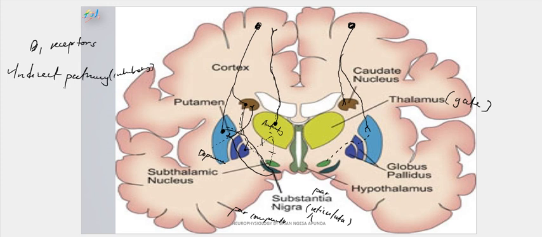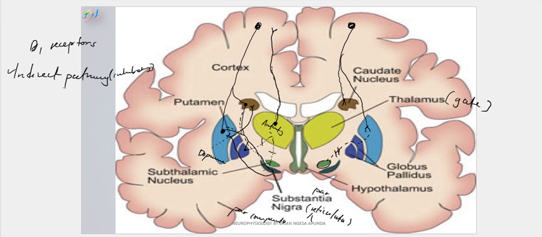So what happens? The inhibitory effect to the subthalamic nucleus will reduce. So if it reduces, it means that our subthalamic nucleus will become a little bit active. Active meaning it is able to send out an excitatory connection just the way it normally does.